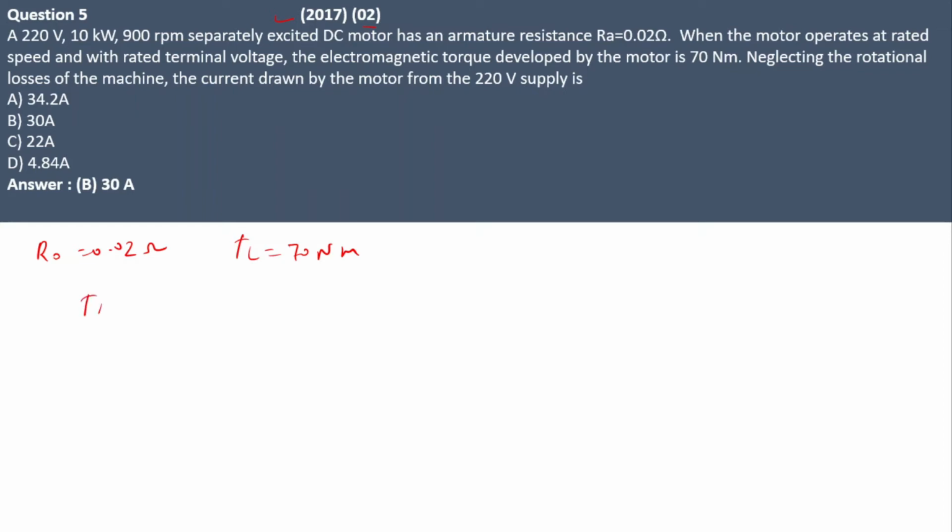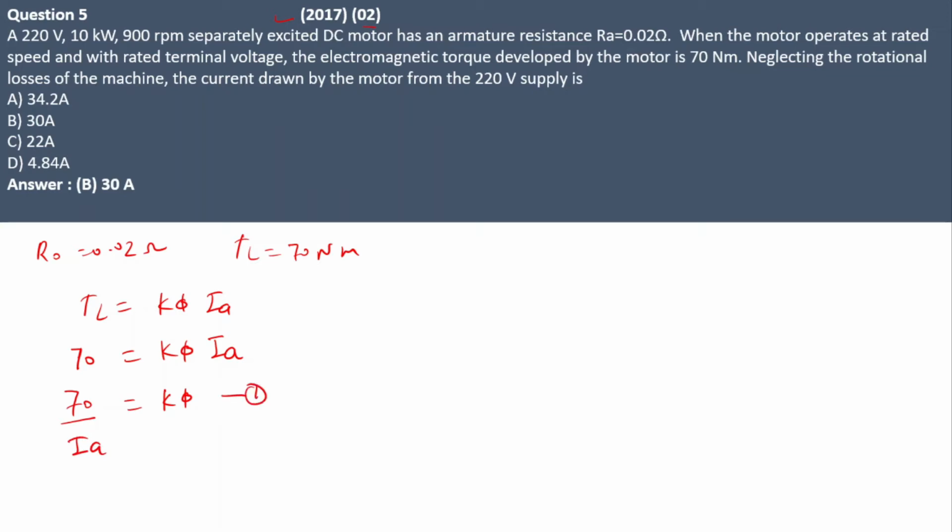So simple, TL equal to K phi Ia. It is given to you as 70 equal to K phi Ia. So from here you can find out the value of this constant K phi, 70 by Ia, relation number 1.